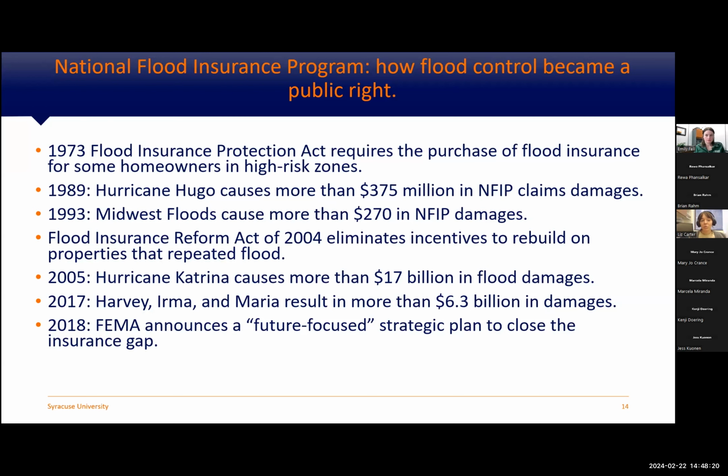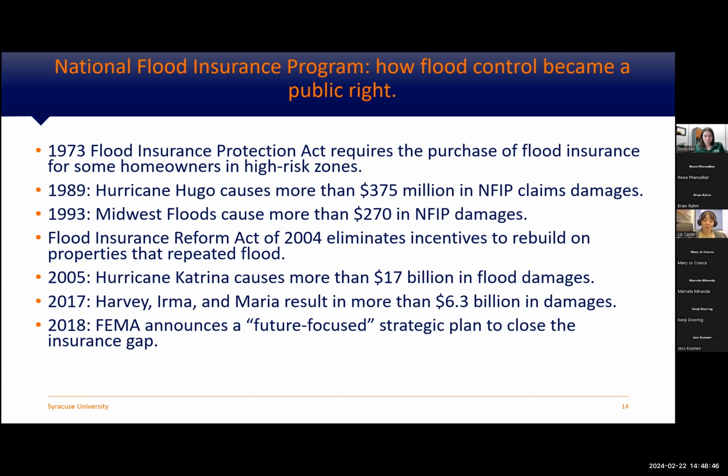And since its modern form, the frequency and intensity of flood events impacting this country have continued to get worse. Up until 2005, which was perhaps the most expensive storm that the United States has ever had, Hurricanes Katrina and Rita caused more than $17 billion in flood damages.